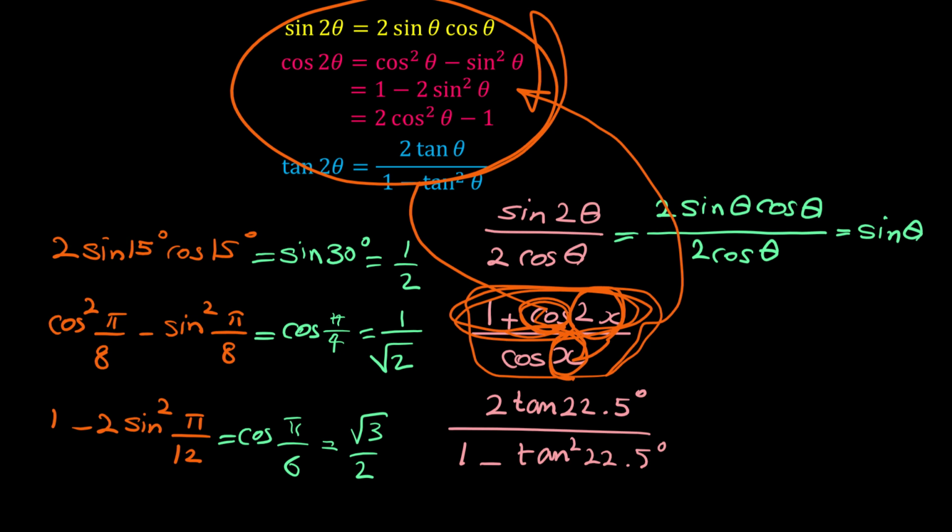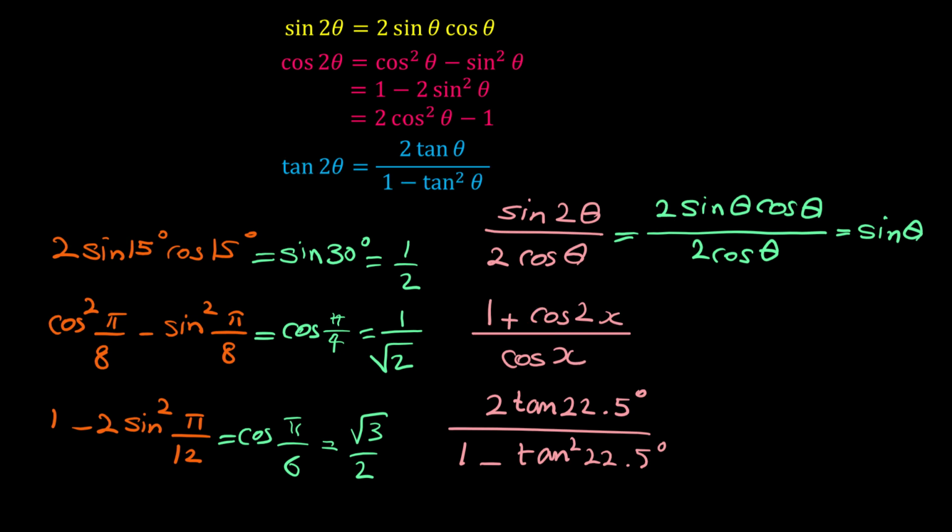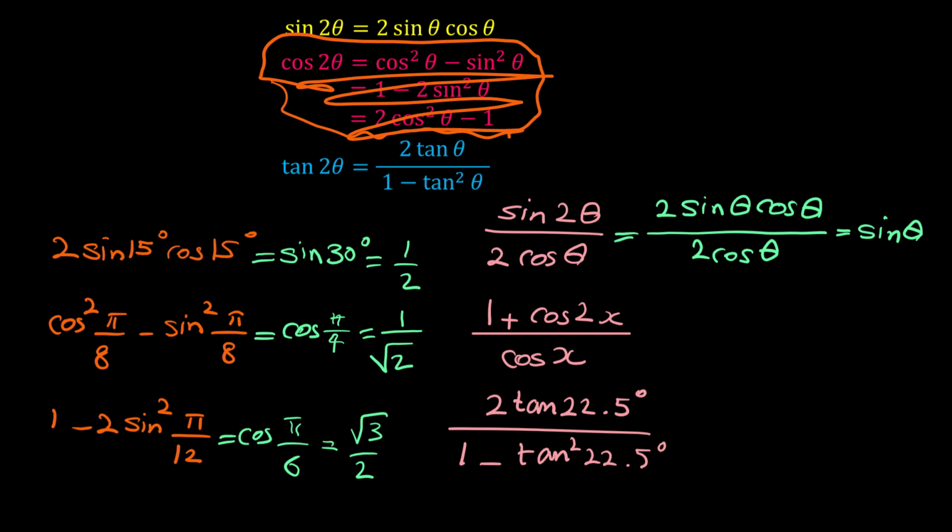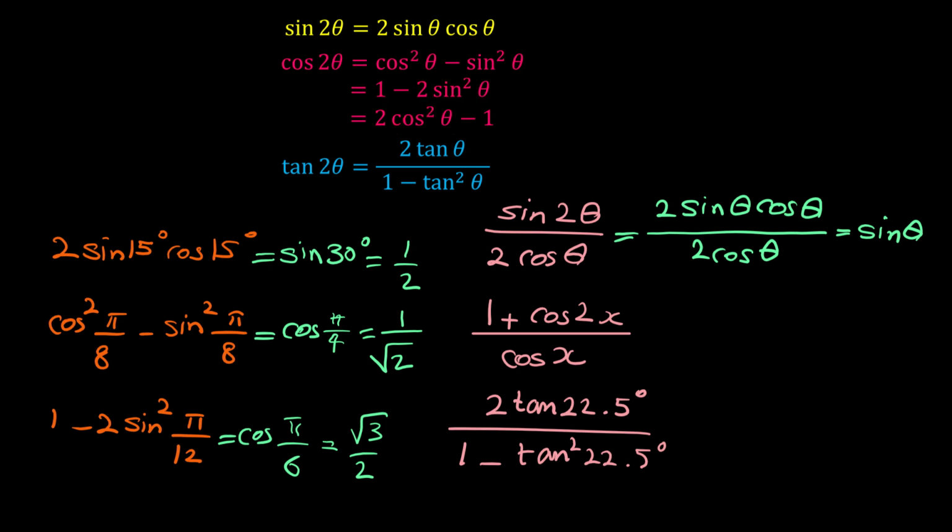So now we think of using the identity for cosine of 2 theta. But which one of these do we have to use? Of course, the one that helps us to simplify. Please pay attention. For this case, this one is the best one to use.